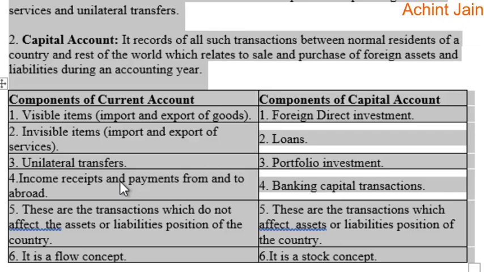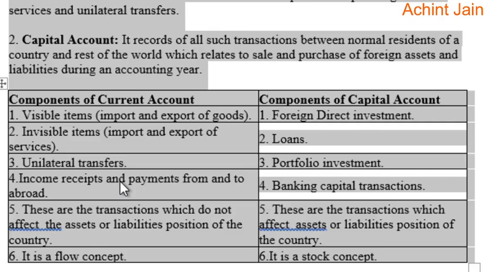Overall, the current account structure relates to the debit and credit side. All exports of goods and services are recorded as positive items, that is, the credit side. All imports of goods and services are recorded as negative items, the debit side.